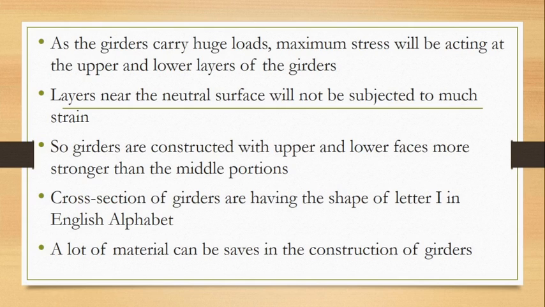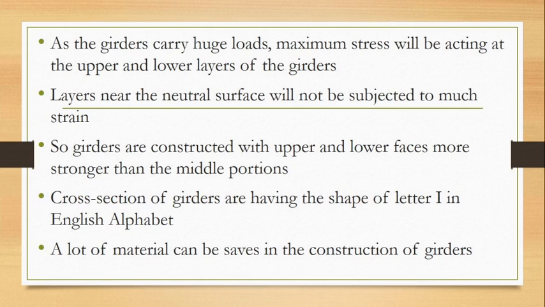Because we know that when a force or a stress is applied, the layers away from the neutral surface undergo elongation and contraction, and it is the neutral surface which never undergoes elongation, and there is no contraction for the neutral layer.